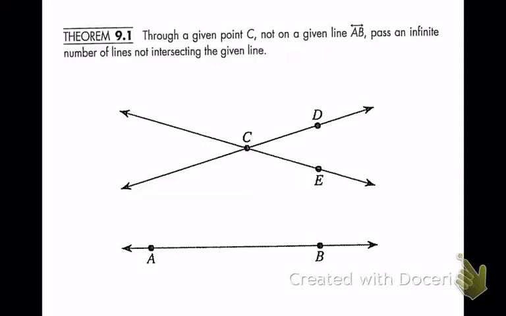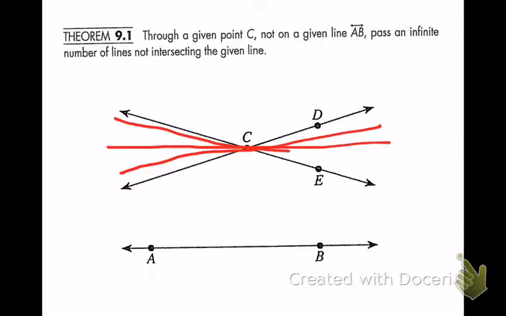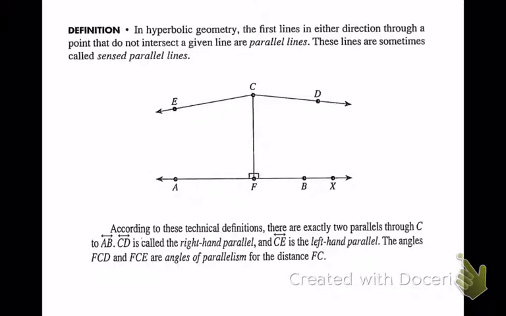This statement is saying, okay, CE and CD don't intersect AB, so any of the lines in between CD and CE, all these red lines I'm drawing, none of those lines will intersect AB. All right? So, like I said, it's a different way of thinking about things. It talks more about that here in the next slide.